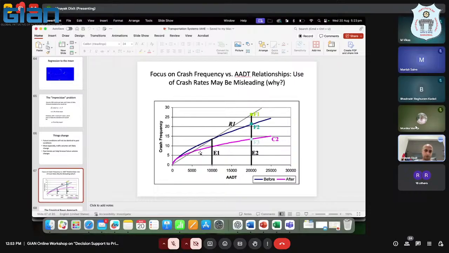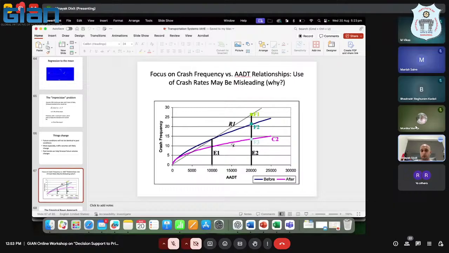And one of the things we want to look at here is the regression to the mean.